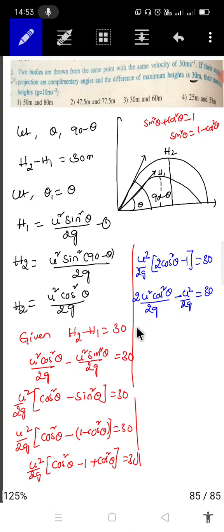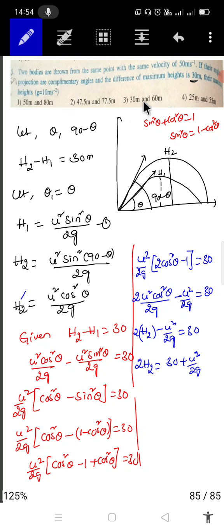Now u square cos square theta by 2g is equal to h2. So 2h2 minus u square by 2g is equal to 30, so 2h2 is equal to 30 plus u square by 2g.